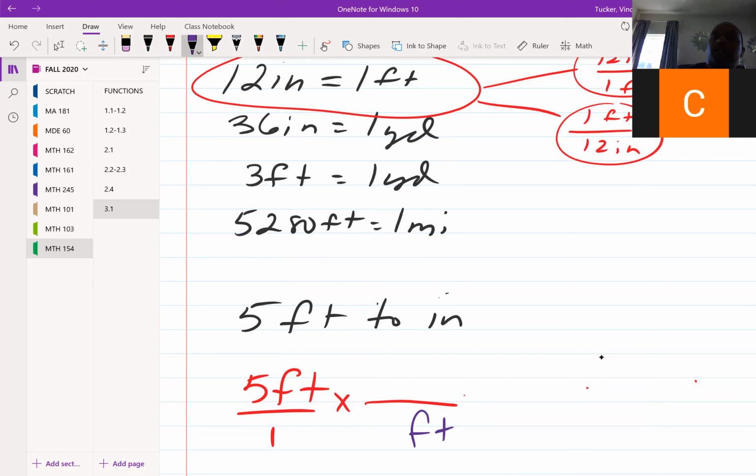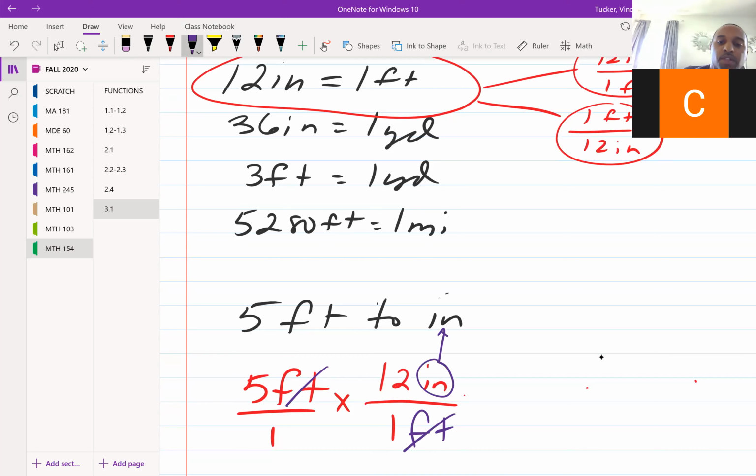So I need to do 12 inches over 1 foot, so that the feet over feet can cancel. That leaves me with inches, which is what I wanted. Now multiply across. 5 times 12 is 60, so it would be 60 inches.